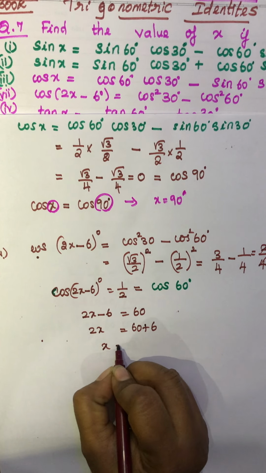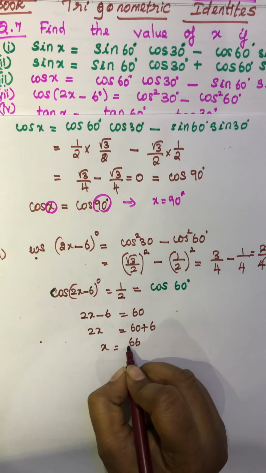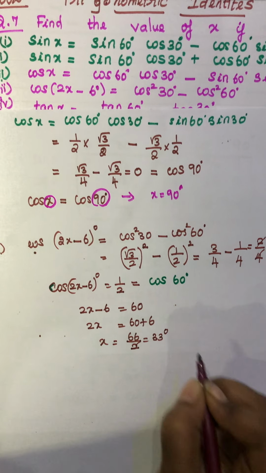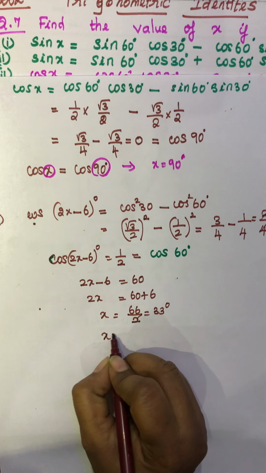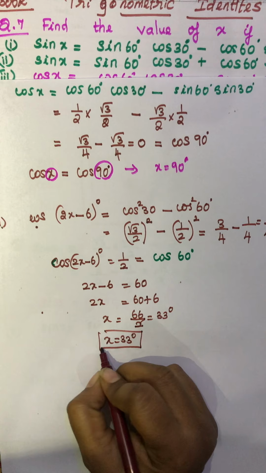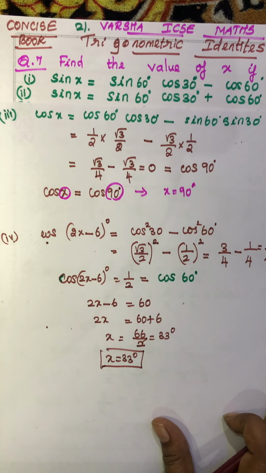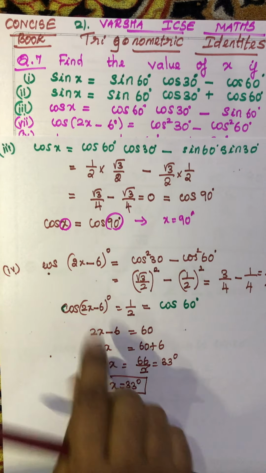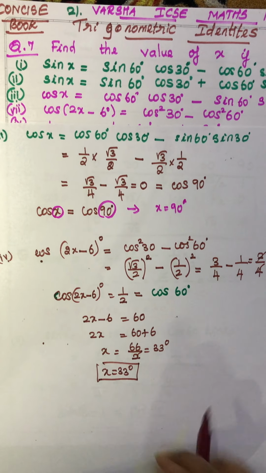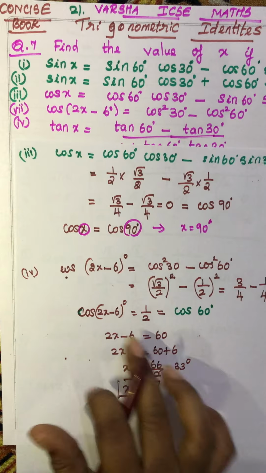So x is equal to 66 divided by 2. If we cancel, we get 33 degrees. So x is equal to 33 degrees. Okay students, do you understand this sum? Yes, 2x minus 6 is equal to 60 degree.